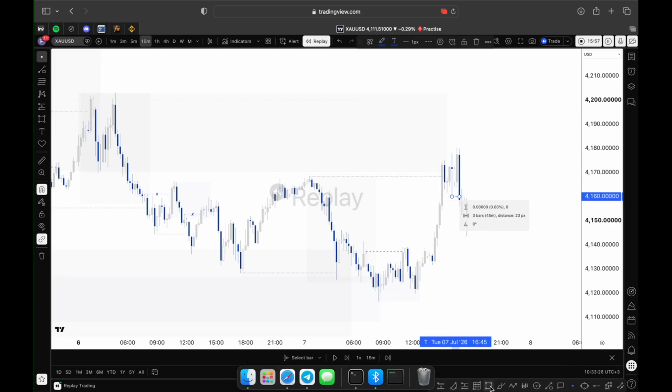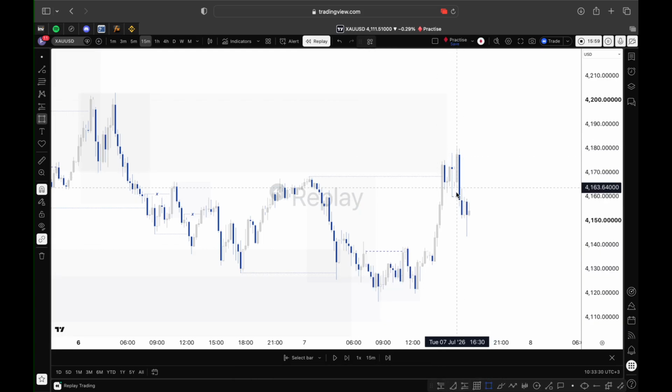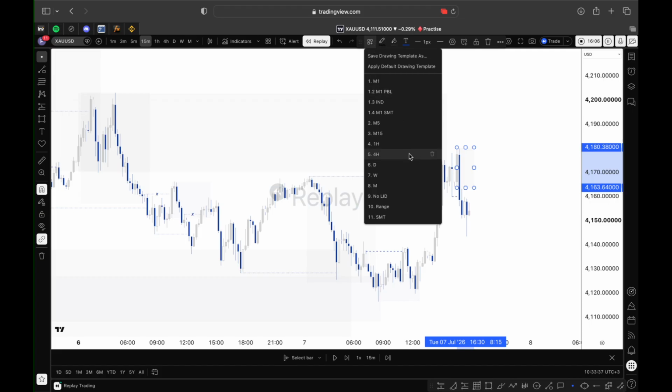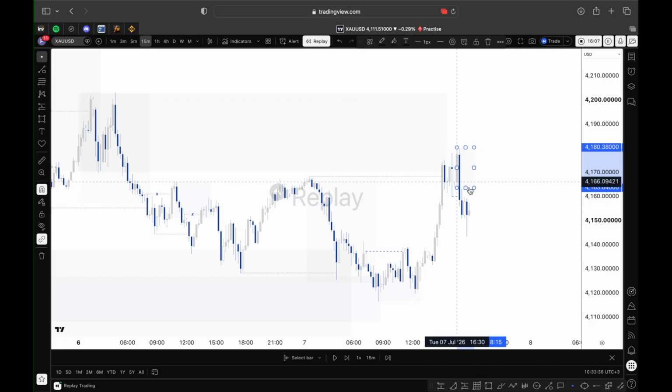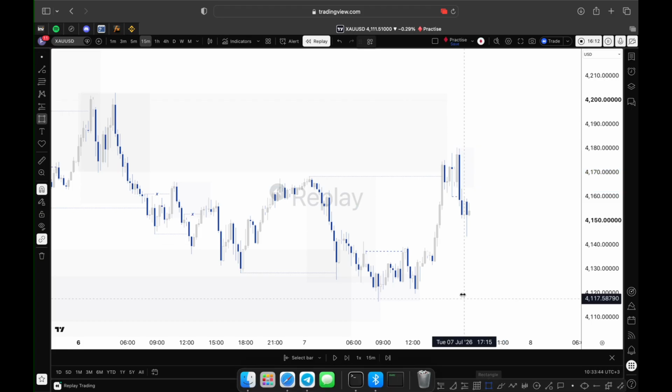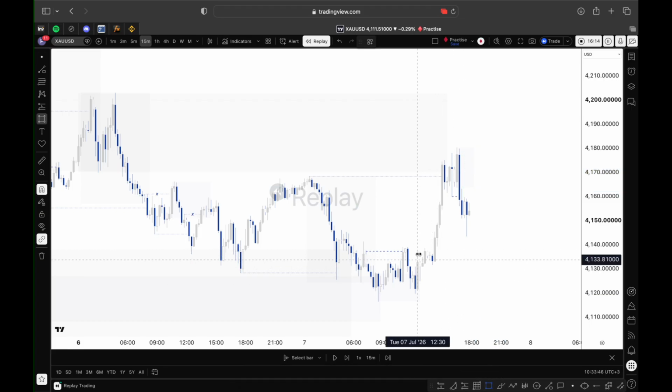So this is now a clear supply zone that has been formed, so we might as well consider ourselves from there. It might be a reaction back into this area of demand, because now this is the area I'm interested in.